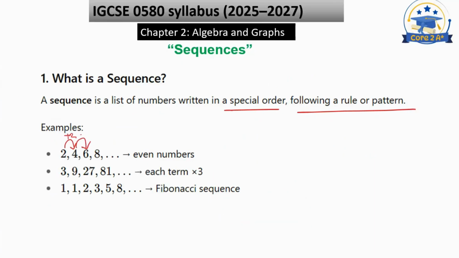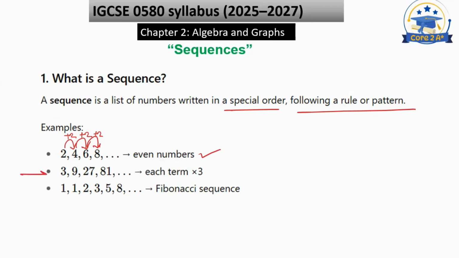If we add 2 again, we get 6. We keep repeating and adding 2. This is the set of even numbers. Okay. So it is following a rule, right? It has a pattern in this sequence.